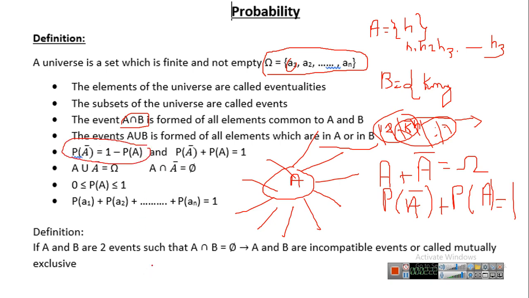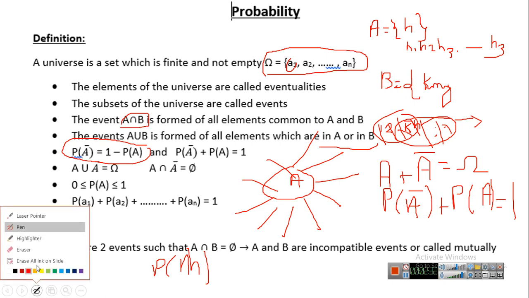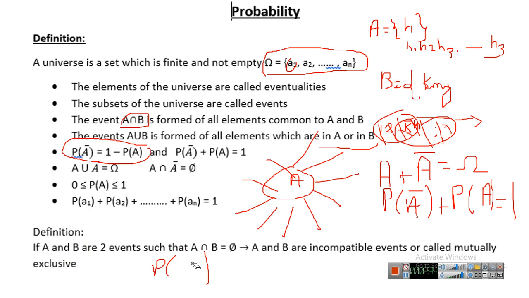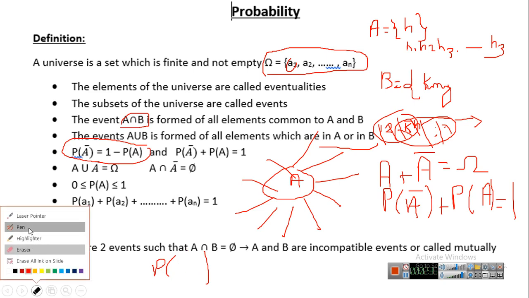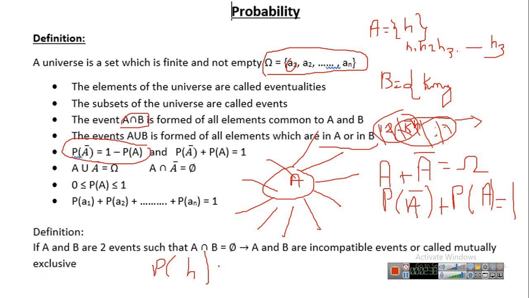Suppose picking a heart, we all know the probability of picking a heart, P of H. Picking a heart, I have 13 choices out of 52. Not picking a heart, P of heart bar, will be 1 minus P of H, so 1 minus 13 over 52.